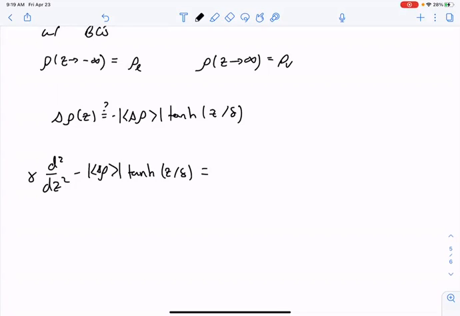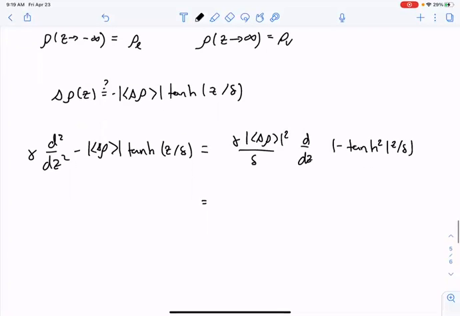Well, the first derivative of hyperbolic tangent, so these factors are just constants, so they just come out. First derivative will pull out a factor of 1 over delta, and the first derivative of hyperbolic tangent is 1 minus hyperbolic tangent squared.